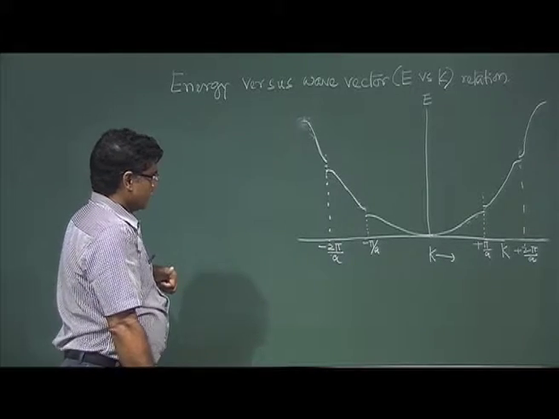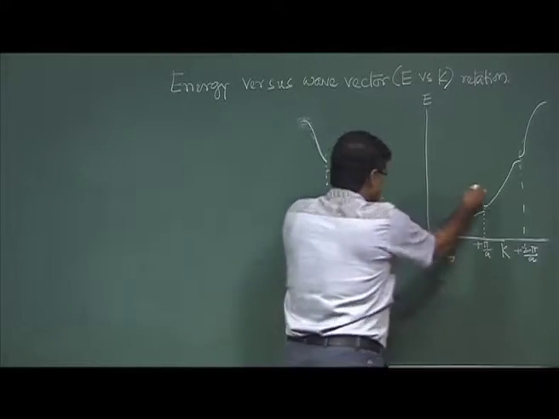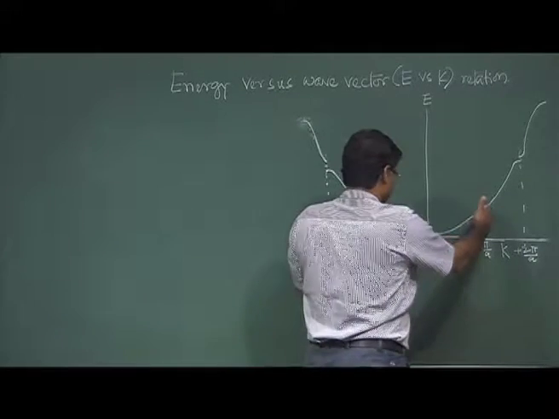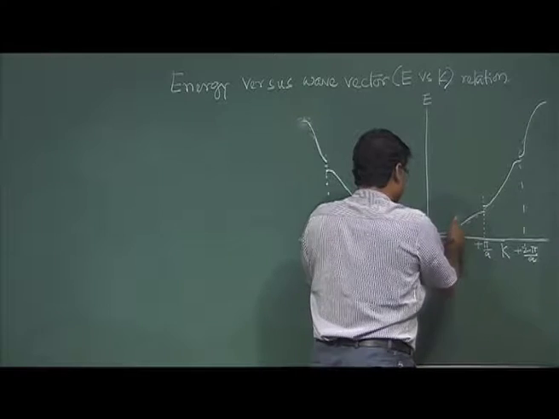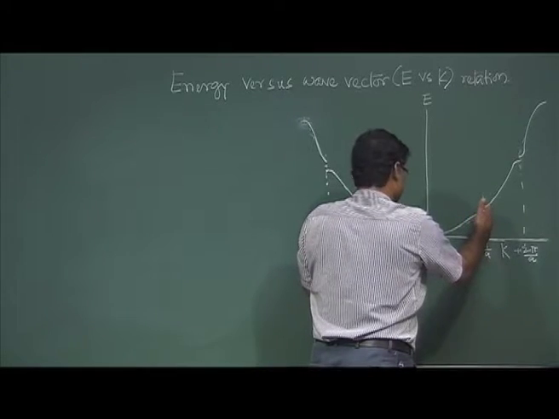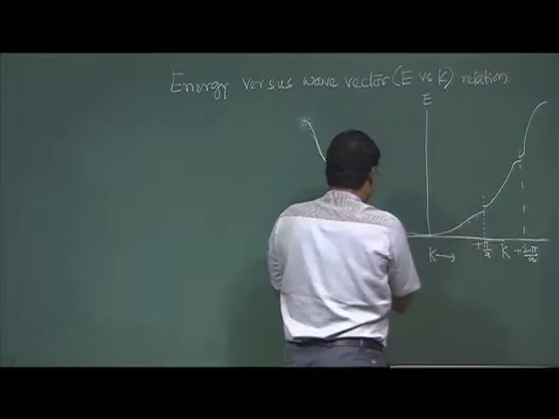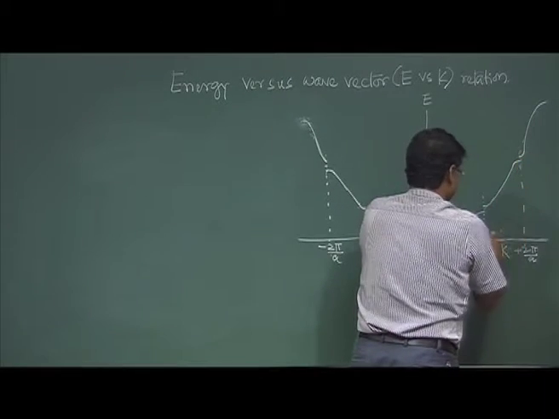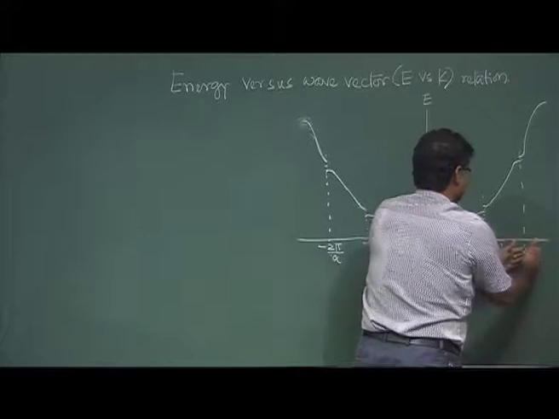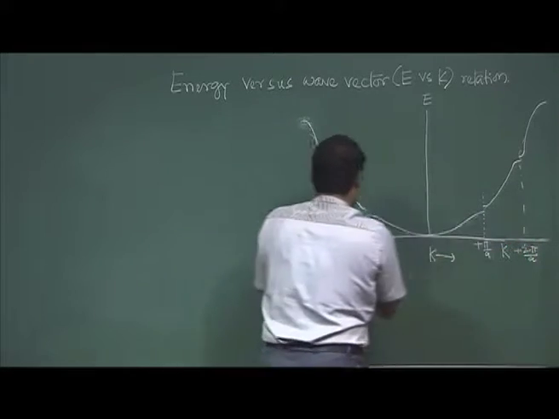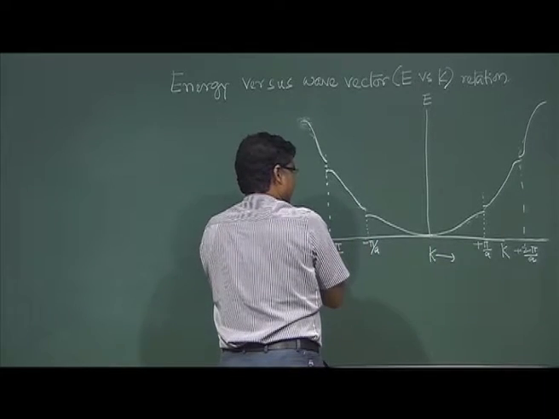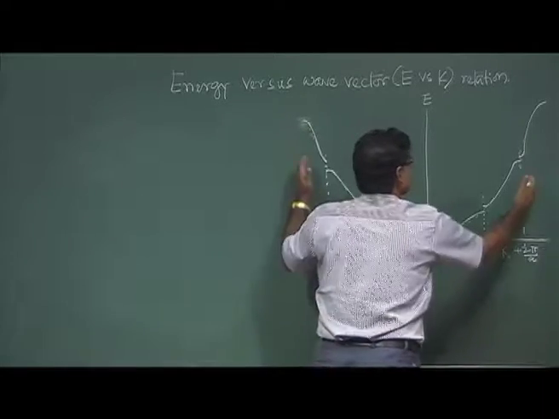Now this picture is telling that the continuity of this k value is from plus pi by a to minus pi by a, and then the second region is plus pi by a to plus 2 pi by a, and minus pi by a to minus 2 pi by a. Okay, this is the second region, then the third region.